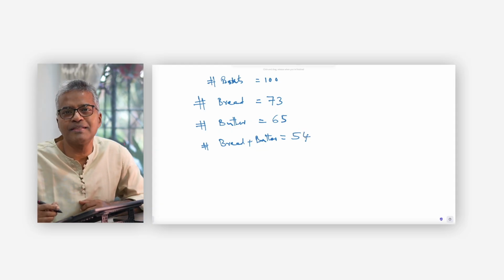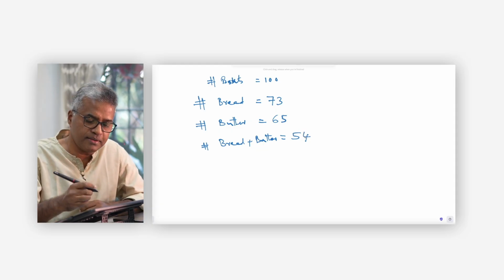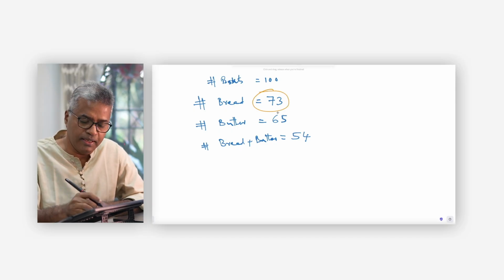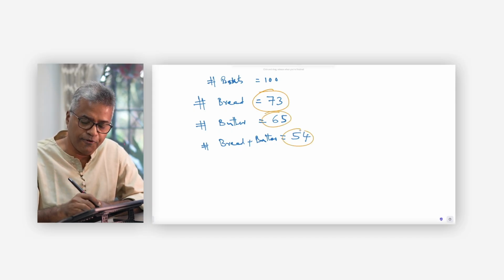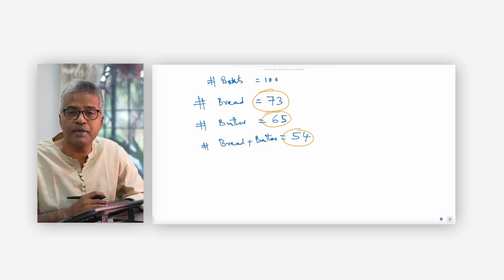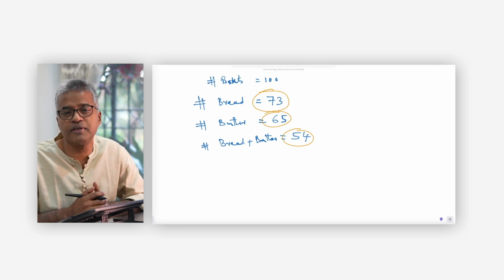Then we use this data. That means bread 73, butter 65, bread and butter 54. This data we use for further processing.